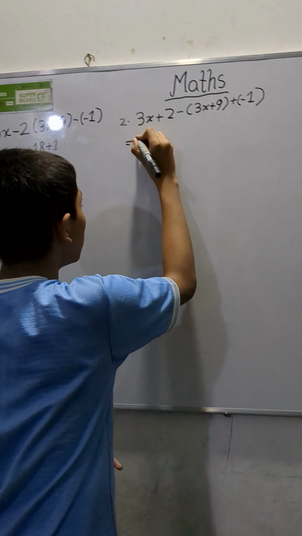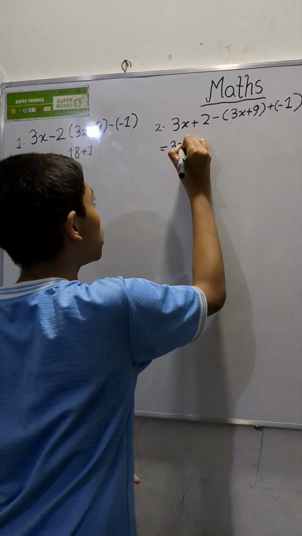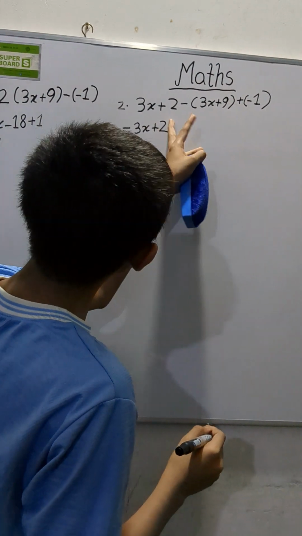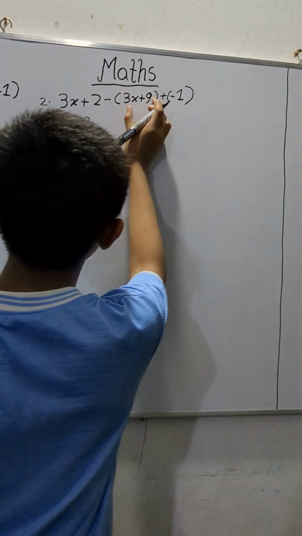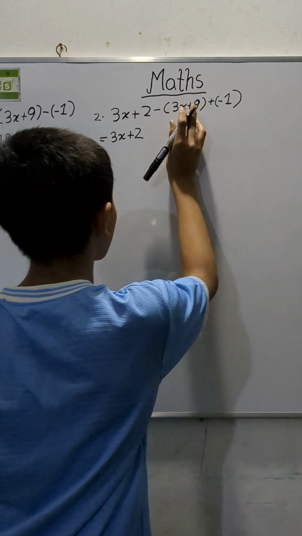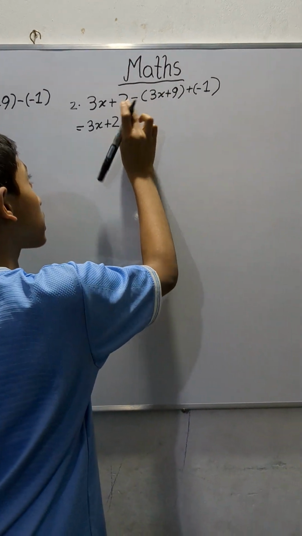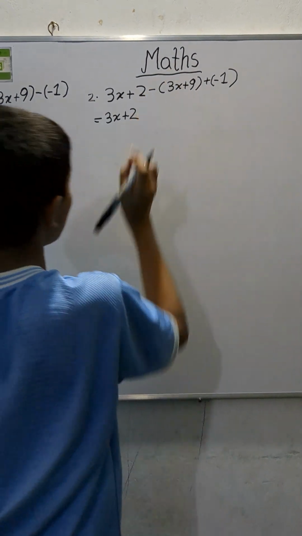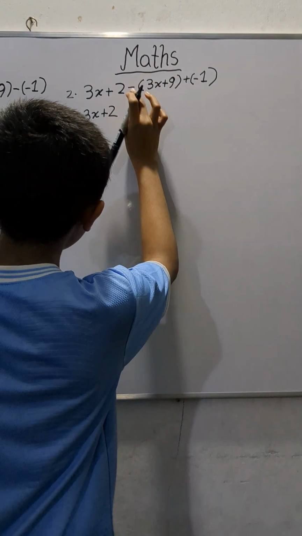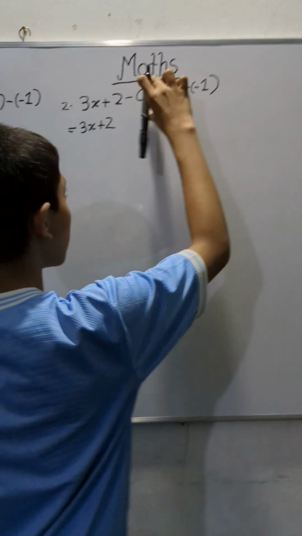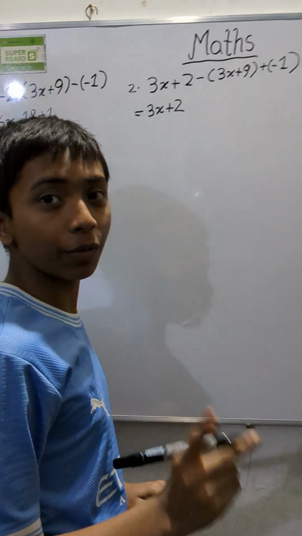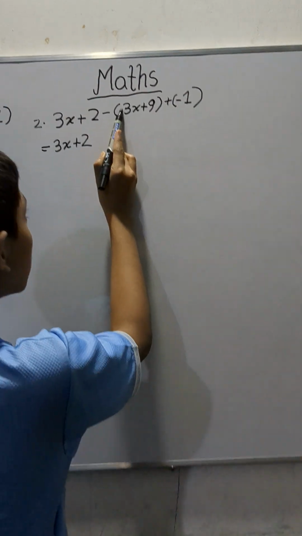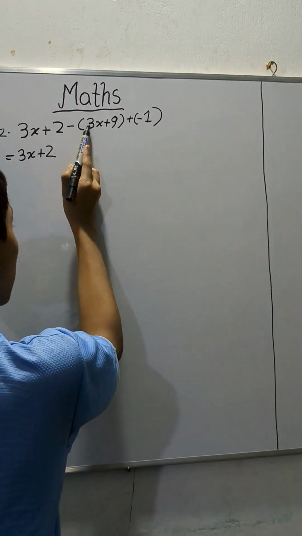So at first we'll write this math 3x plus 2, and now we can't multiply 2 with what is inside the bracket, because here's a minus sign after 2, so we will multiply the sign here. That means the number will be same, but the sign will be different. Here's a minus and here's plus, that means here's plus 3x.